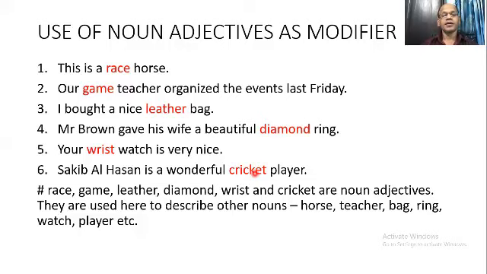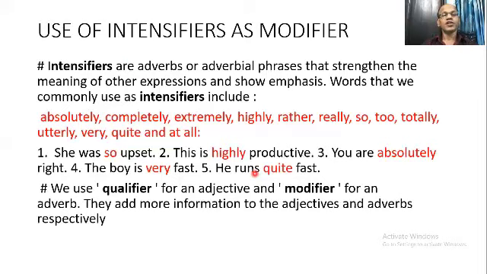Then let us go ahead. Use of intensifiers as modifier. You see, intensifiers are those words that enhance the meaning of adjective and adverb. Intensifiers are adverbs or adverbial phrases that strengthen the meaning of other expressions and show emphasis.